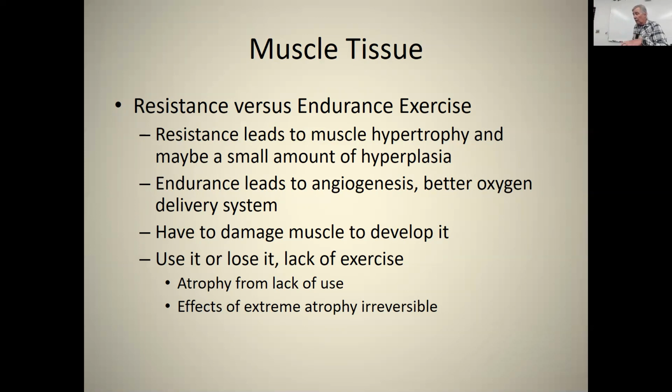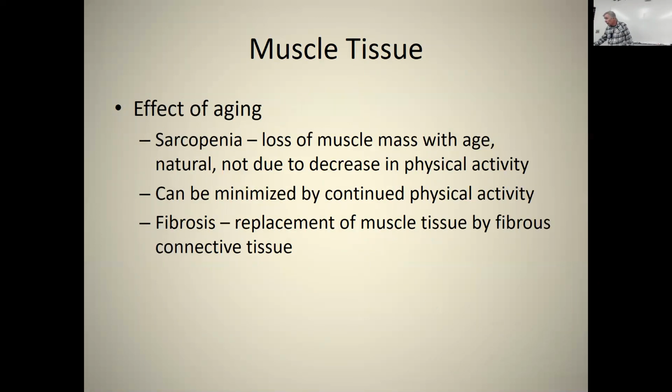So muscles, you use it or you lose it. Muscles will atrophy from lack of use. And some effects of extreme atrophy could be irreversible. That muscle will not come back to what it was. Effects of aging: sarcopenia, loss of muscle mass of legs, natural, not due to a great decrease in physical activity.